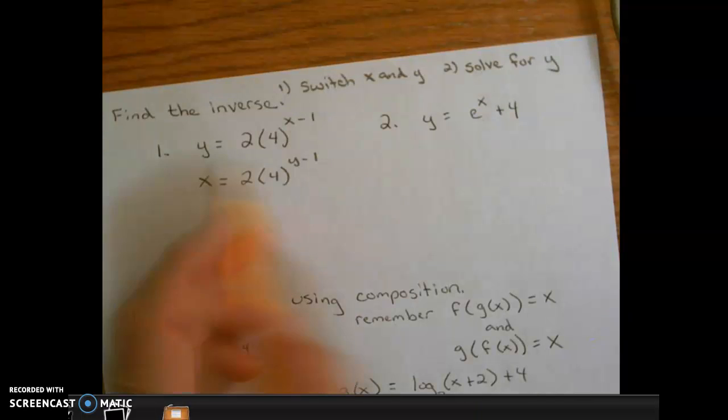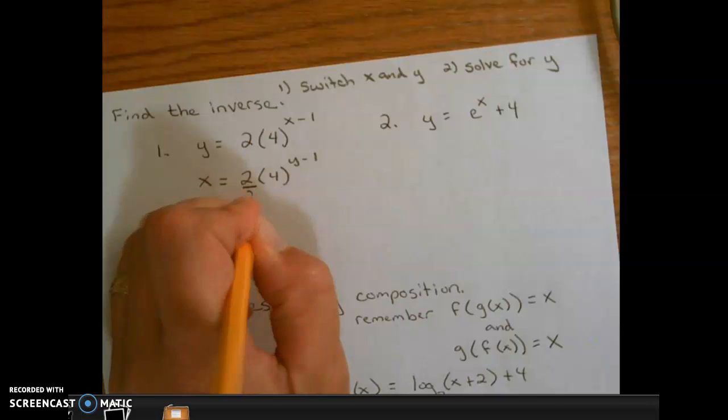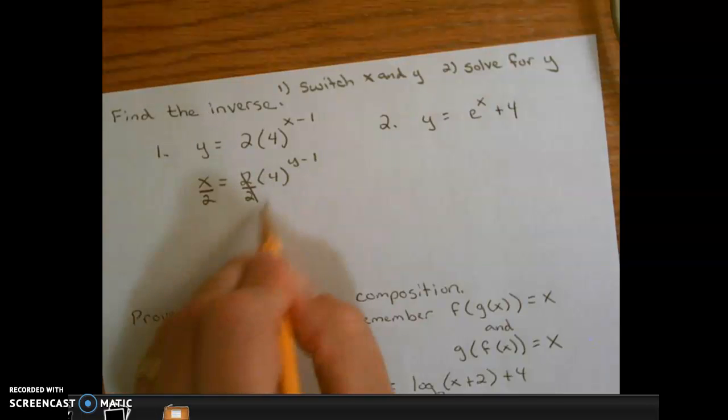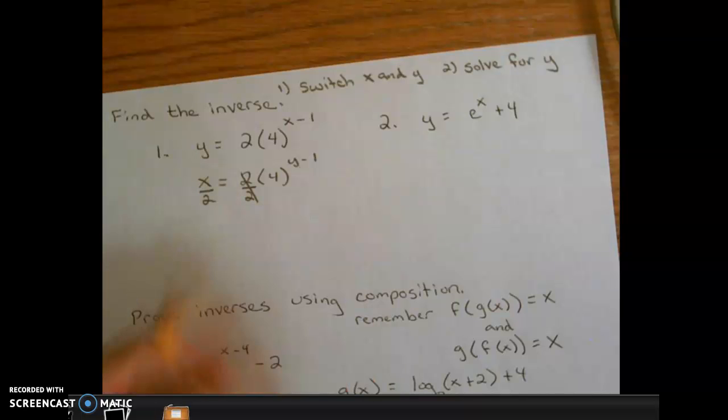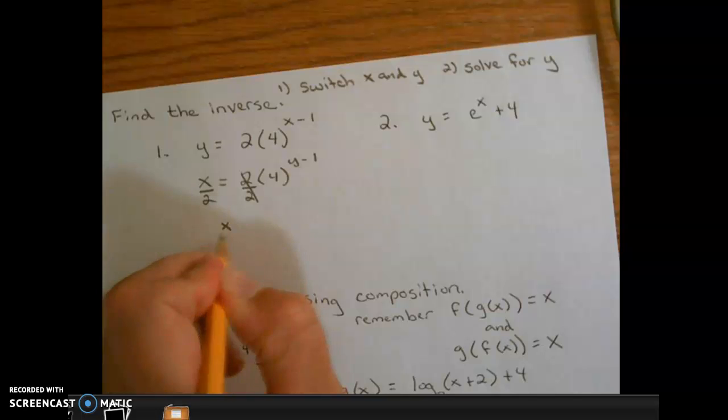So solving this for y, we're going to divide both sides by 2. And then we're going to rewrite it.